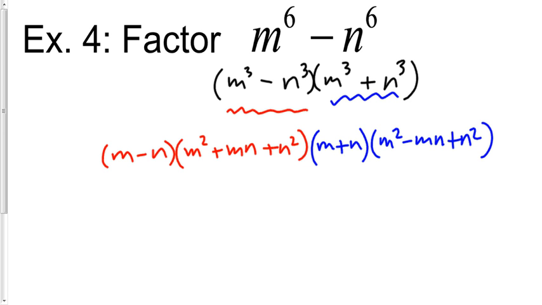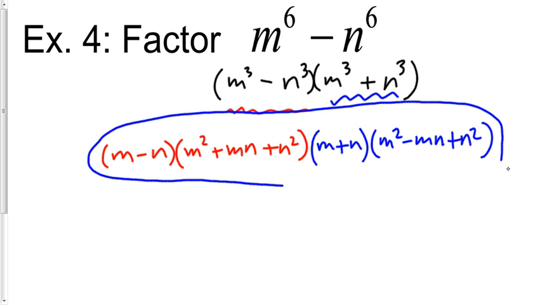All right, now we have 4 factors here, m minus n, m squared plus mn plus n squared, times m plus n times m squared minus mn plus n squared. There's 4 factors here. We can't really simplify anything. We can't factor any further, so we're done. This is our answer. We got 4 factors for that one.